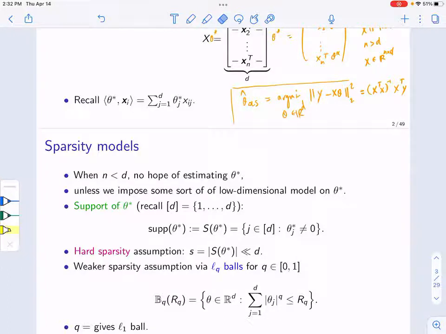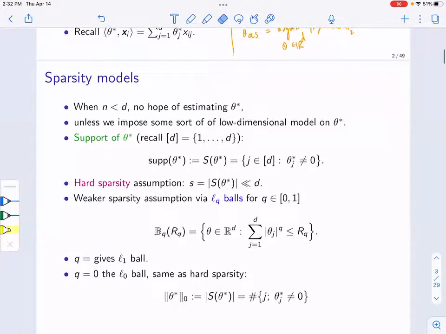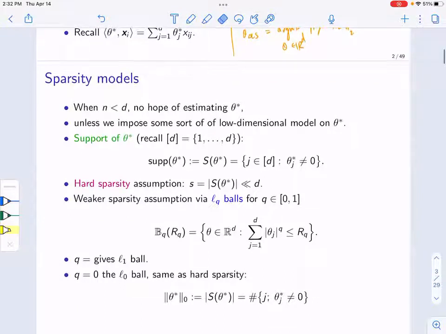Implicitly. The results that we're going to talk about hold for all s, d and n, more or less, but they're really useful if s is much less than d. There is another kind of sparsity assumption, which is a weaker notion. You might think that it is too restrictive to assume that entries of theta are exactly zero, although traditionally statisticians do assume that, like they test for the coefficient to be zero, so it's not something uncommon.